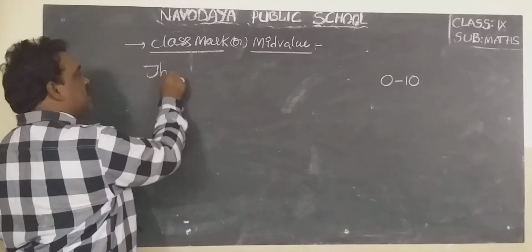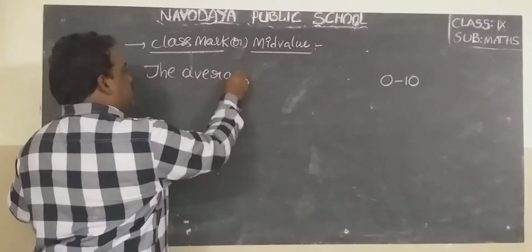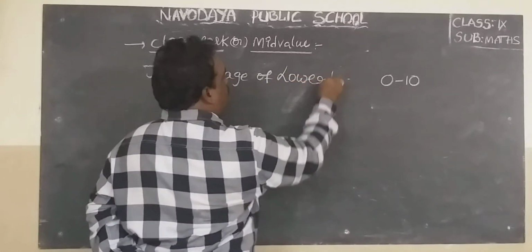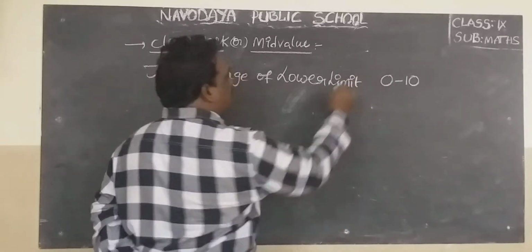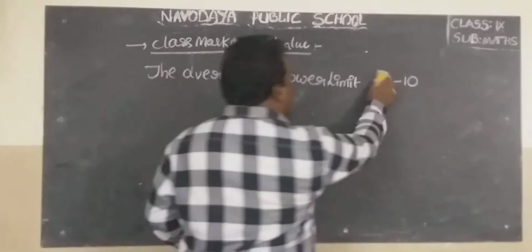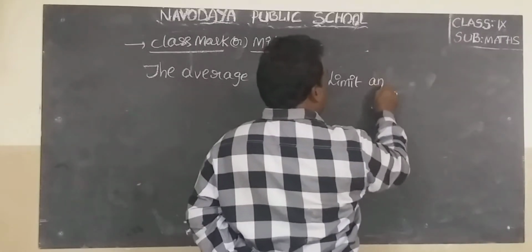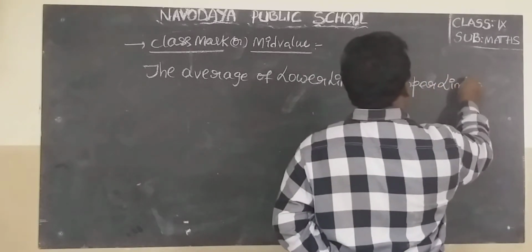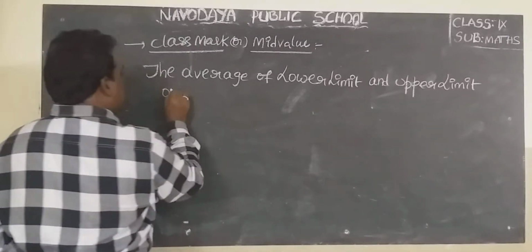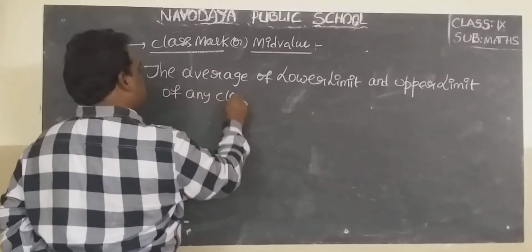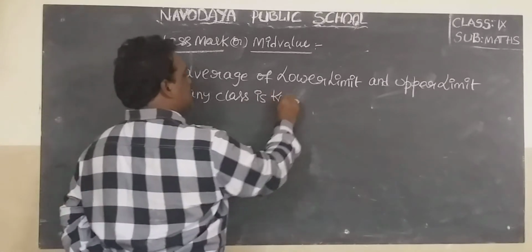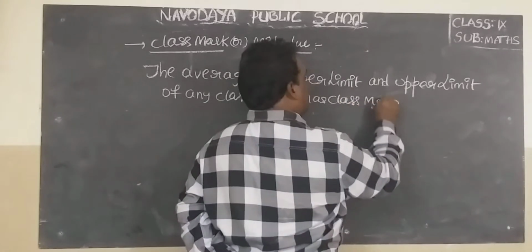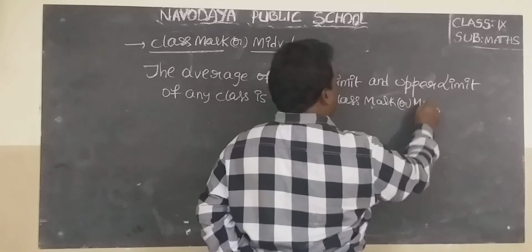The average of lower limit and upper limit of any class is known as class mark or mid value.